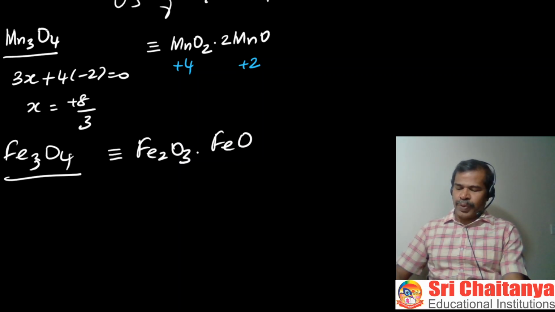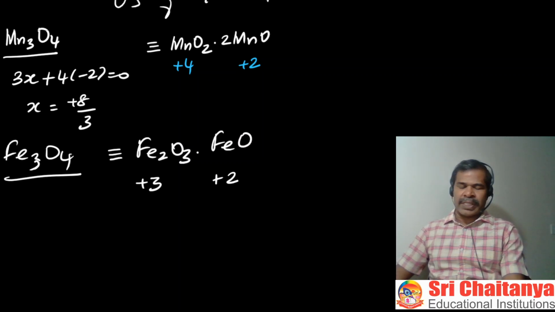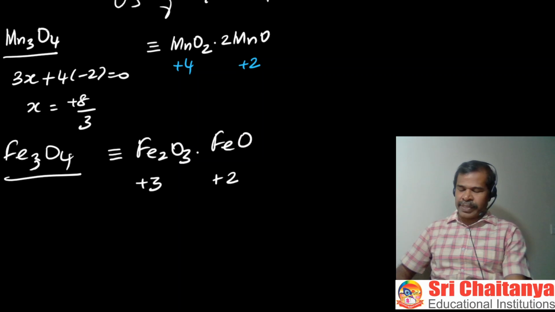In Fe2O3, Fe has +3 oxidation state, and in FeO it has +2 oxidation state. So it is a ferrous oxide and ferric oxide mixture, in the ratio 1:1 in the compound Fe3O4. Not only the oxidation state, you know the exact composition also of this compound.